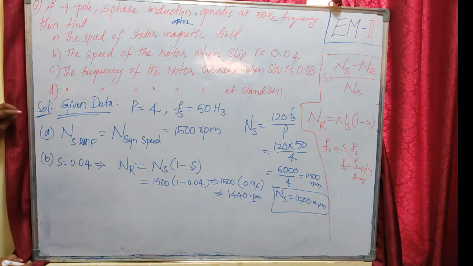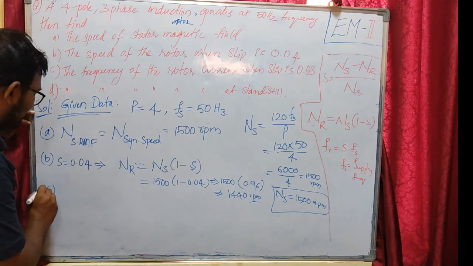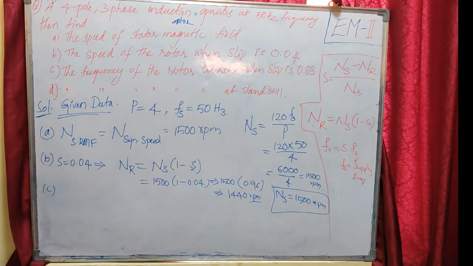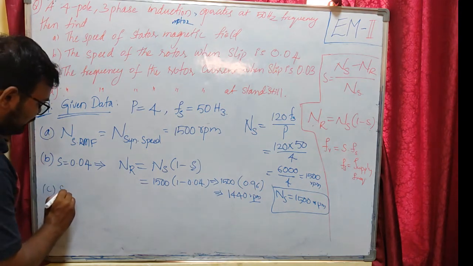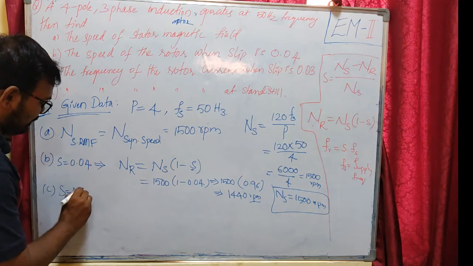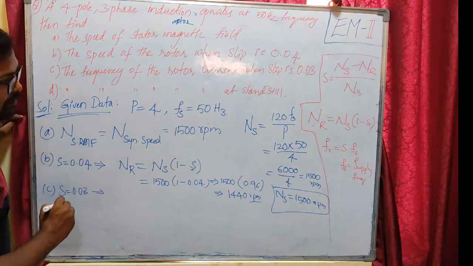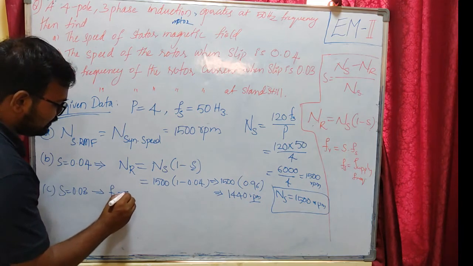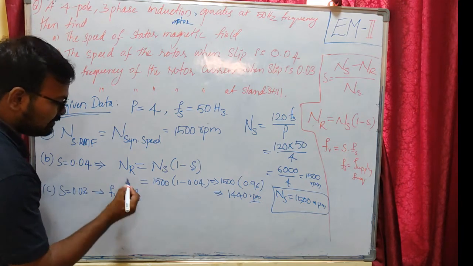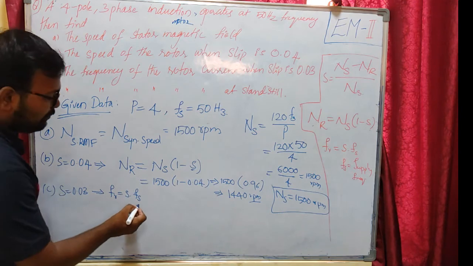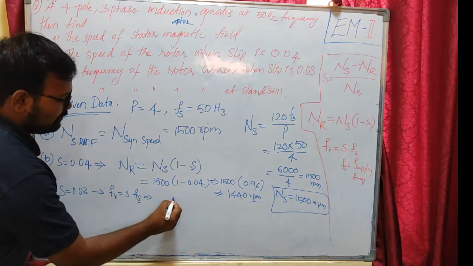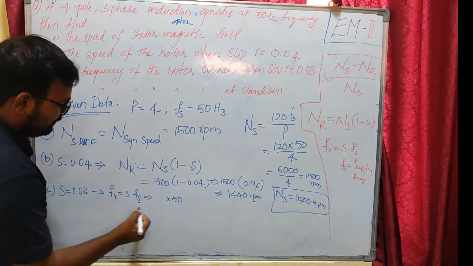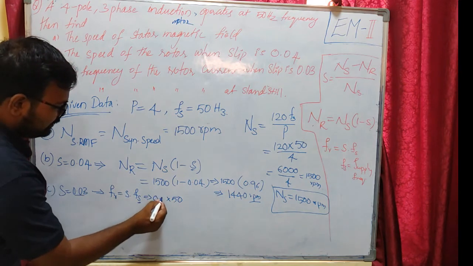Okay. Now option C, that is the frequency of the rotor current when slip is 0.03. Here slip is 0.03. So what is the expression for the frequency of the rotor? That is Fr equal to S times the supply frequency. We have the supply frequency as 50 Hz. What is the slip given here? That is 0.03.